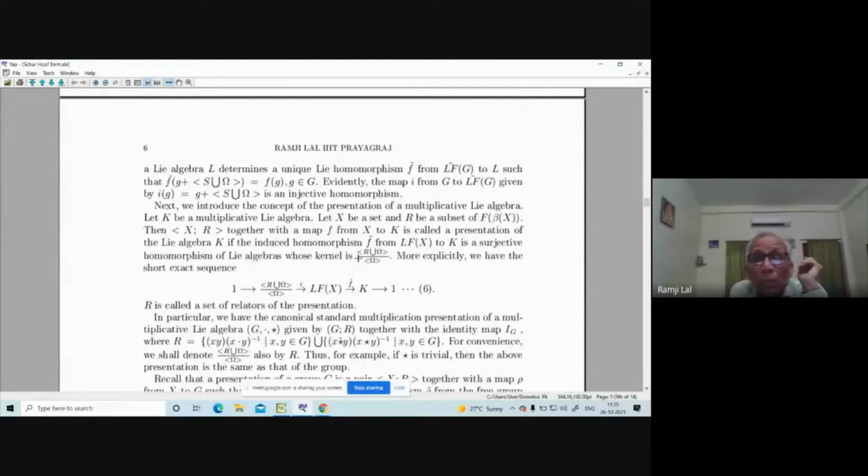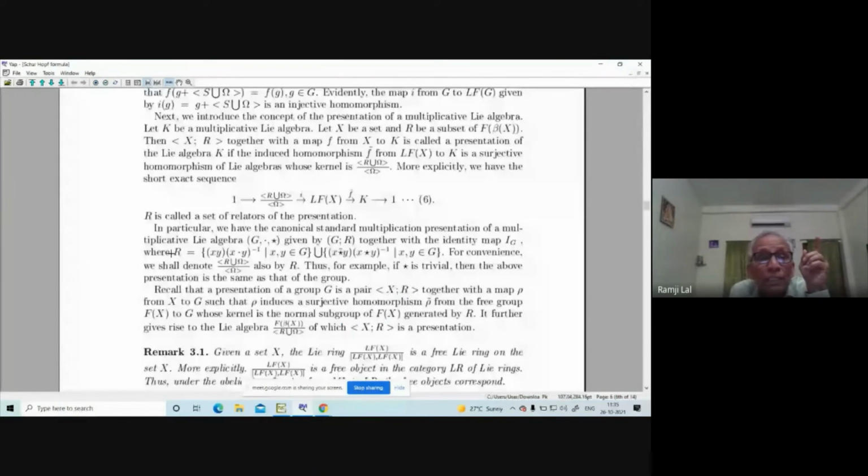So we get a surjective homomorphism with kernel as this. More explicitly, we have a short exact sequence, which is described over here in this equation.